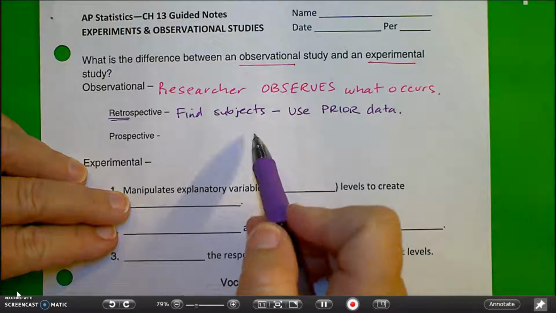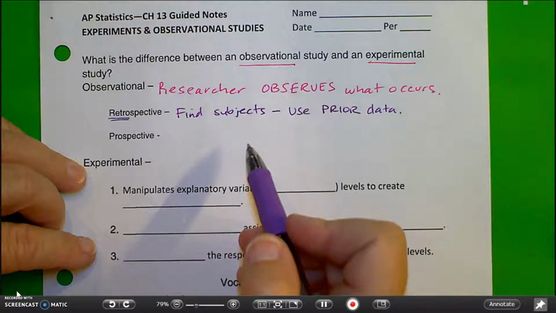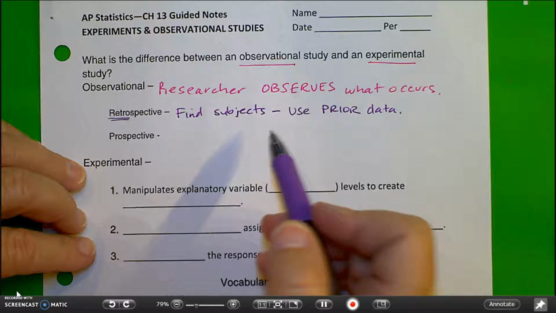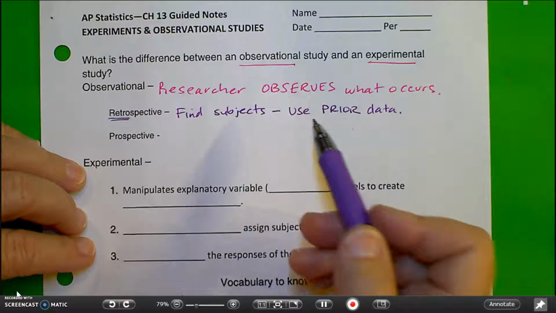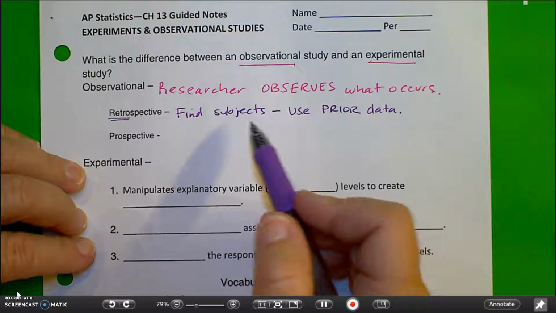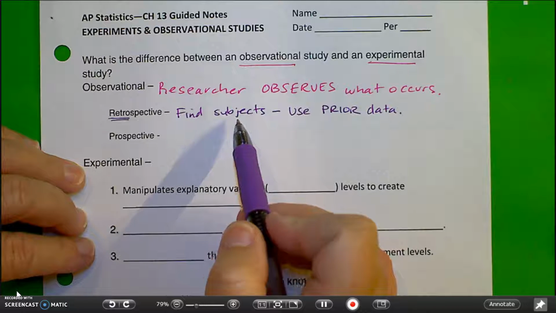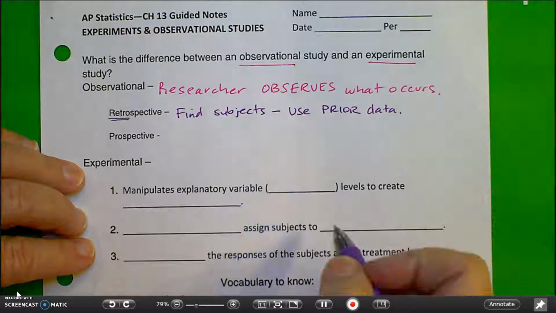An example of a retrospective study would happen a lot with baseball statistics. You look at baseball stats for the past year or 10 years, and given some people that you're interested in studying, you'd go back and look at the prior data and see what their performance was like.